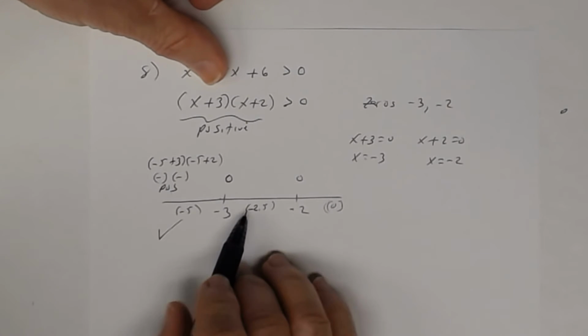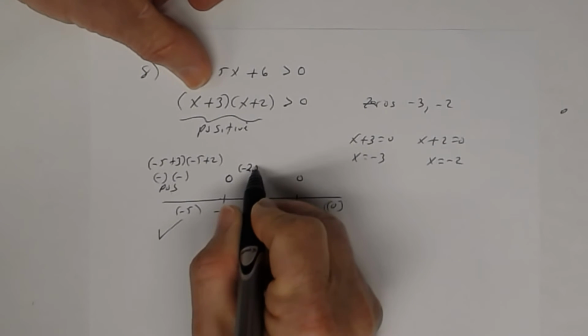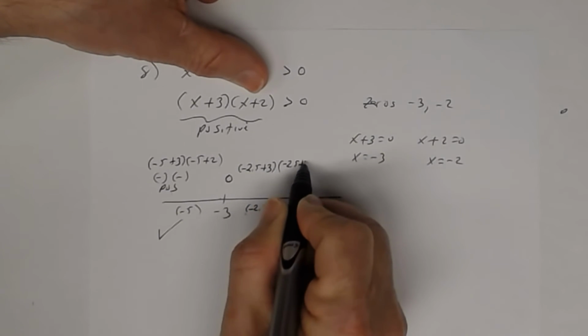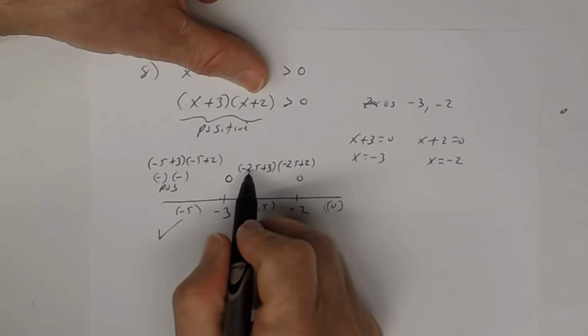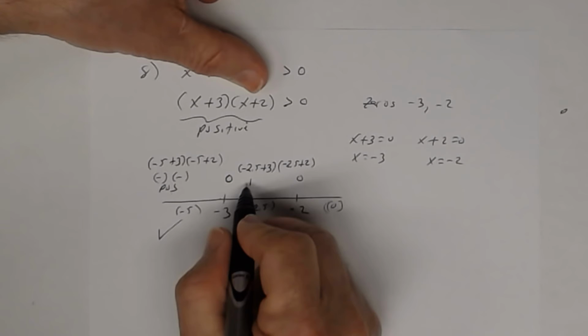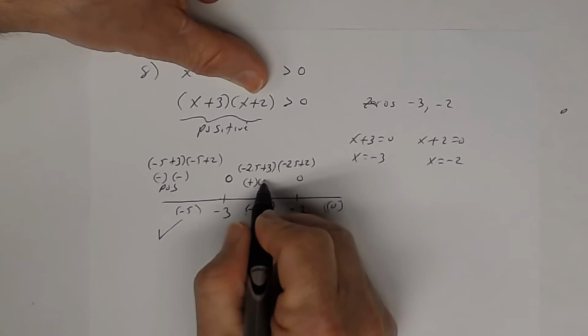Let's try -2.5. So if x is -2.5, I get -2.5 plus 3 times -2.5 plus 2. Well, -2.5 plus 3 is positive, right? It's actually 0.5. -2.5 plus 2 is negative. It's actually -0.5.